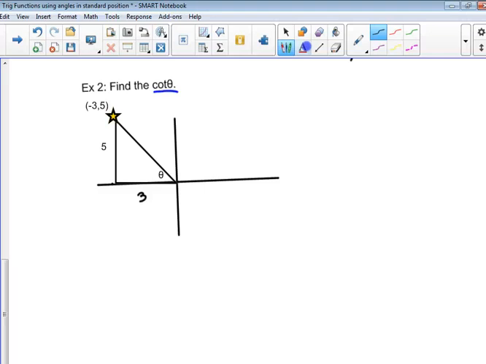Take a second and see if you can figure out what the hypotenuse is going to be. Be very careful, it's not 3, 4, 5, because your 5 is not going to be the long side here. Copy Pythagorean theorem.